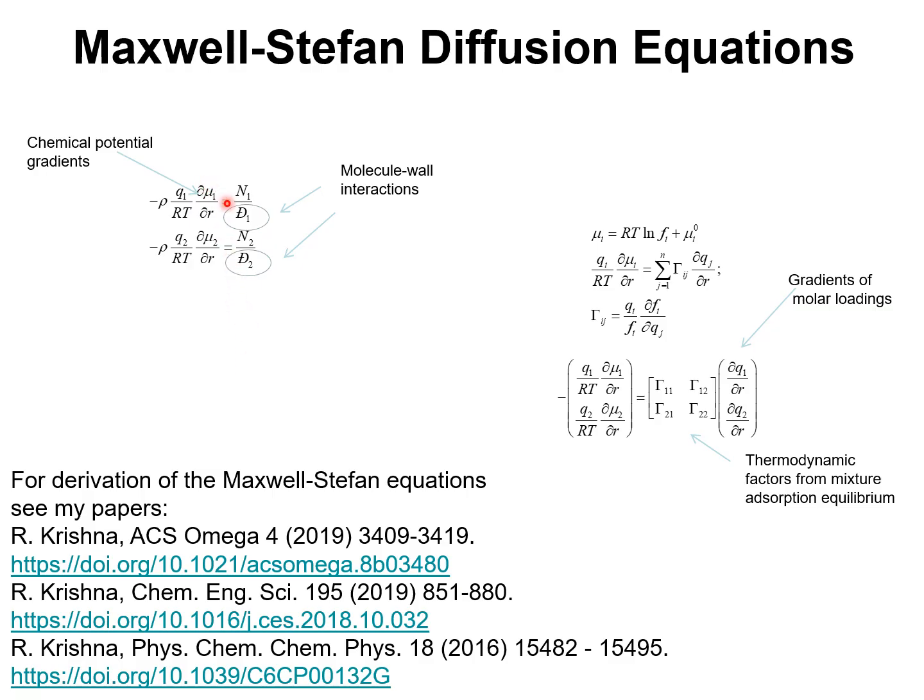Now, the chemical potential gradients can be related to the gradients of the molar loadings within the particle by recognizing that the chemical potential gradients are relatable to the partial fugacities in the bulk vapor mixture.